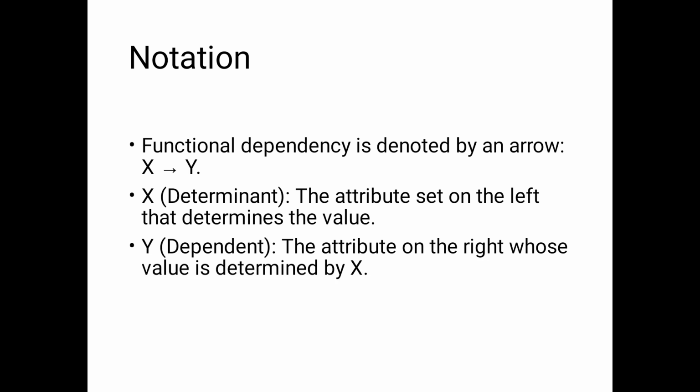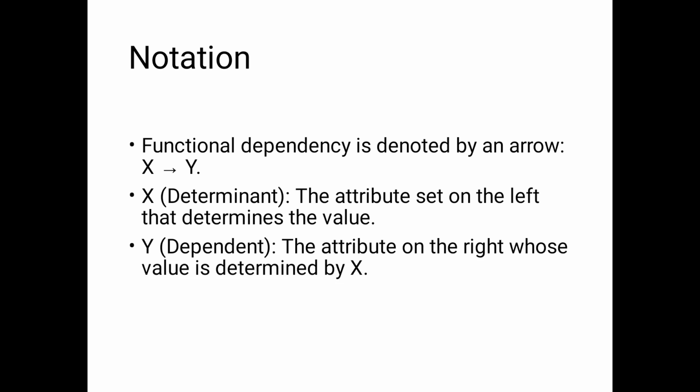The notation of functional dependencies is X implies Y. As shown in this slide, X arrow mark Y. This means Y is dependent on X. X is the determinant, the attribute set on the left that determines the value.